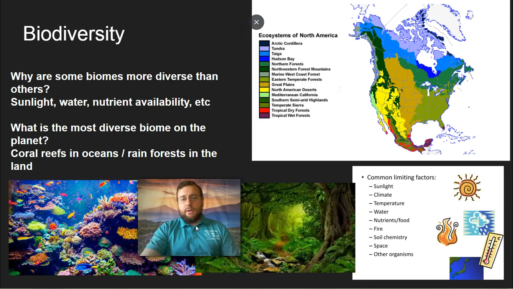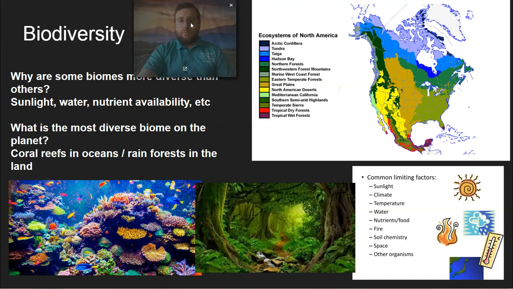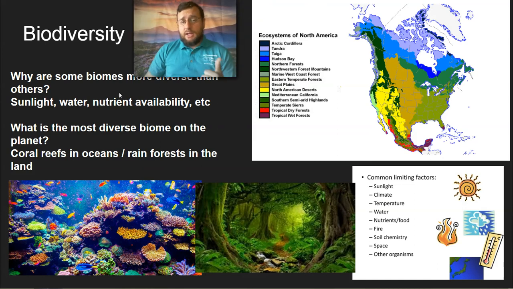like I just mentioned, the key difference that makes one biome more rich than the other is first the amount of sunlight, but you'd be surprised to find out that there's not a lot of differences in the amount of sunlight. That doesn't make a huge difference among the ones that are terrestrial. There's enough sunlight received during the summer months, even at the poles, to support tons of life.